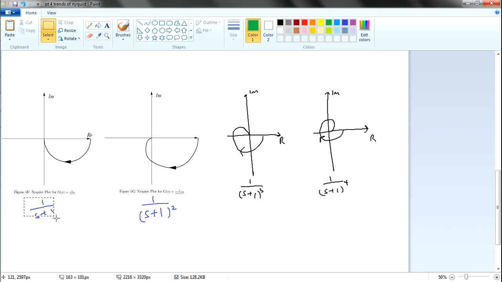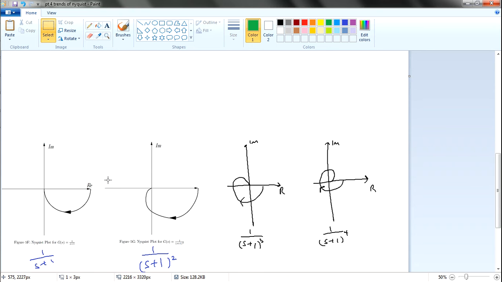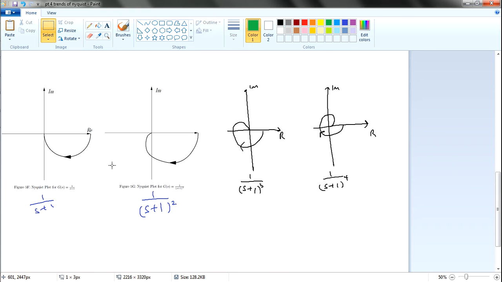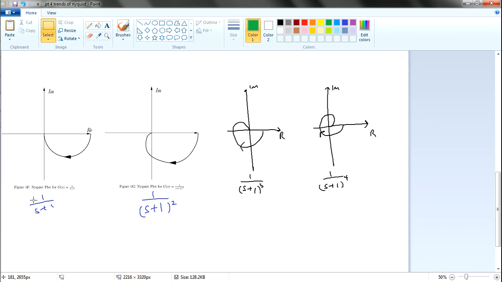I would believe that the lag will cause the system to have more phase angle. You'll move slower. As you can see, we have 1 over s plus 1. This is the equation that we use to prove the poles.